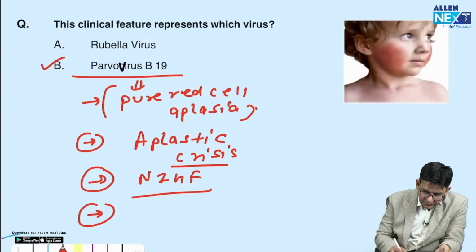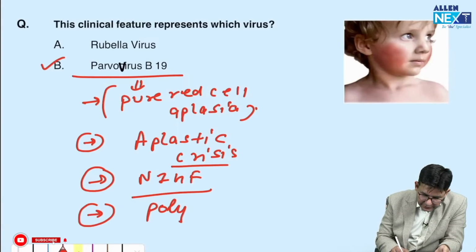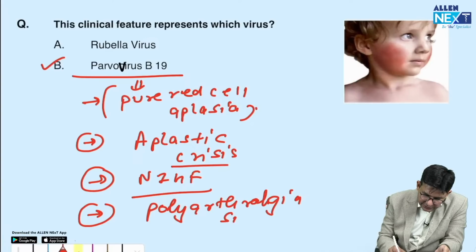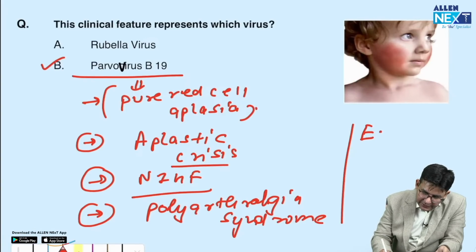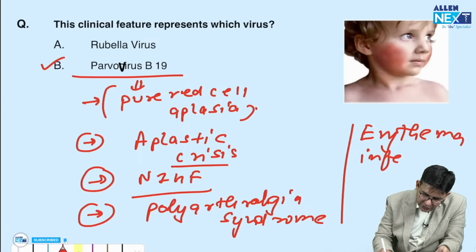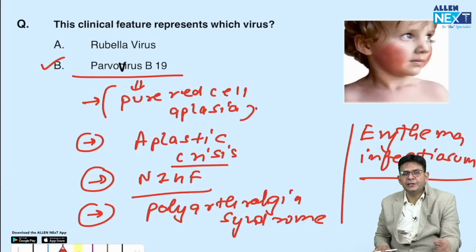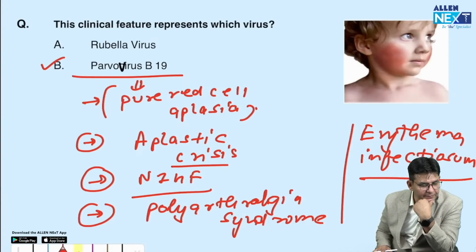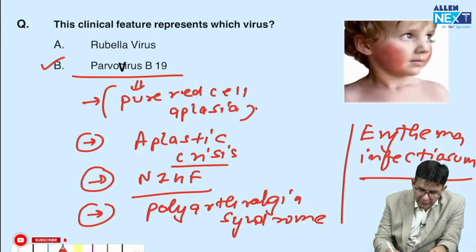Okay. And polyarthralgia syndrome. Polyarthralgia syndrome. And what does the question depict, guys? Erythema infectiosum. Okay, erythema infectiosum, also termed as fifth disease, having a slapped cheek appearance. And how to remember that?